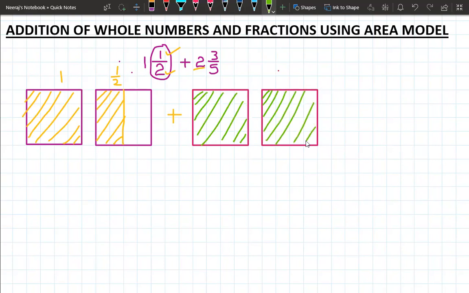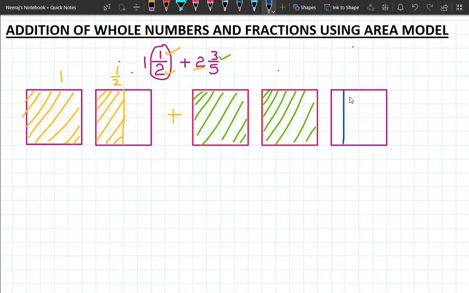Now I'm going to represent 3/5. For it, I have to make 1 more rectangular box, and it should be of the same length. Now what we will do, we will divide this into 5 equal parts, and then we will shade 3 parts of it. So here I am going to divide this rectangular box into 5 equal parts.